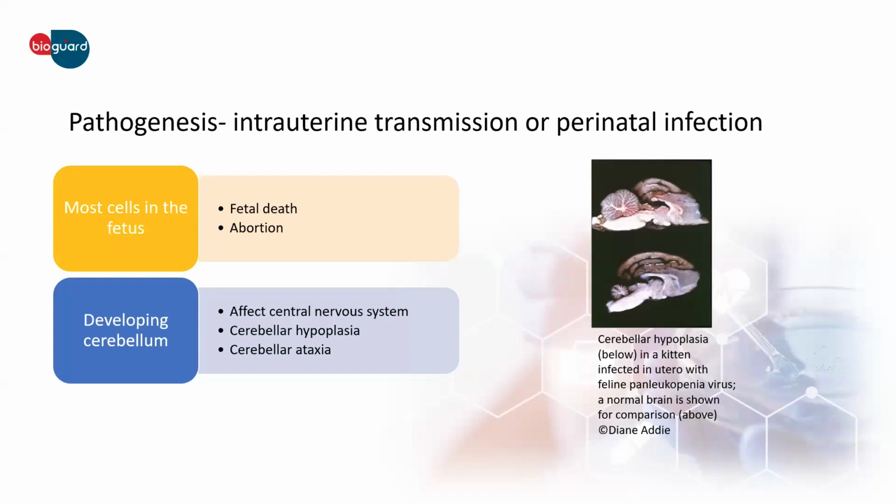That means a smaller size or not fully developed cerebellum in the infected fetus or kittens. If the kittens survive and do not undergo resorption or die right after birth, they may have cerebellar ataxia.